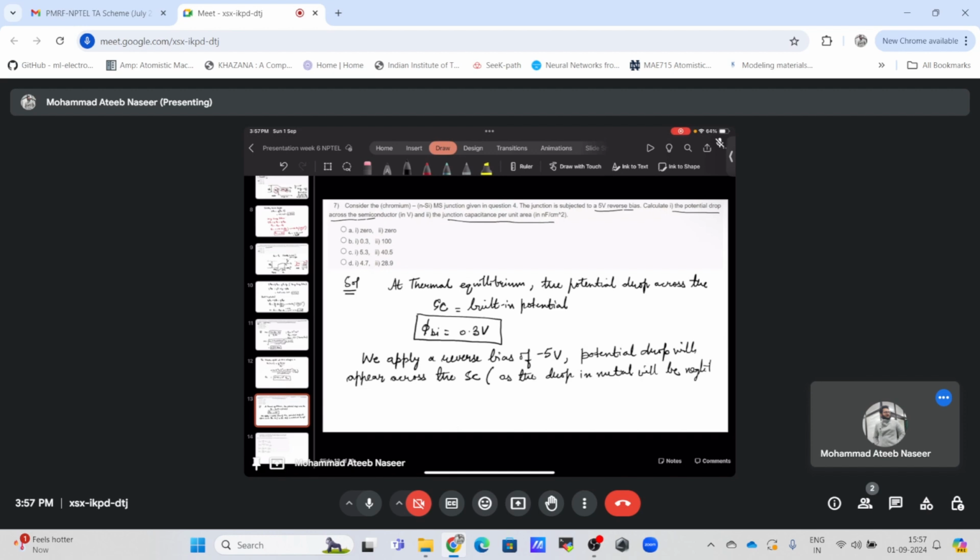So the drop in the semiconductor is simply phi bi minus Va, which is 0.3, minus of minus will be plus 5, so it is 5.3 volts.